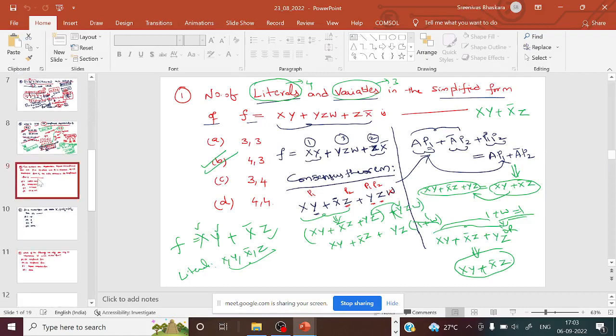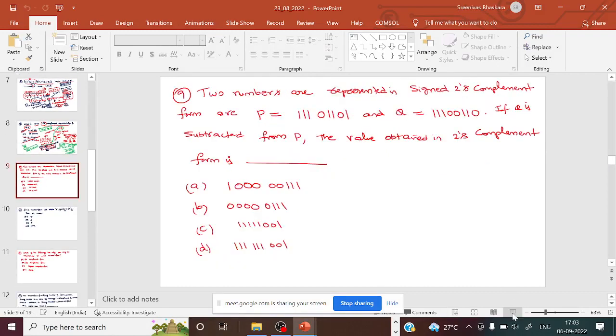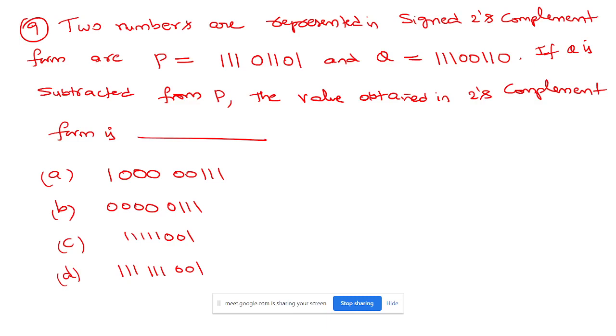Quickly solve these problems, based on whatever we discussed last week. Two numbers are represented in signed 2's complement form, P is this, Q is this.